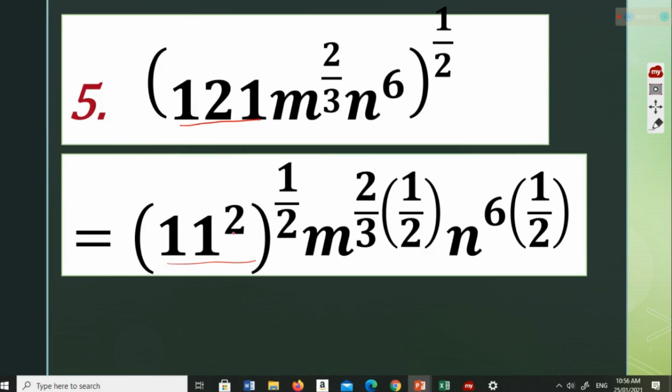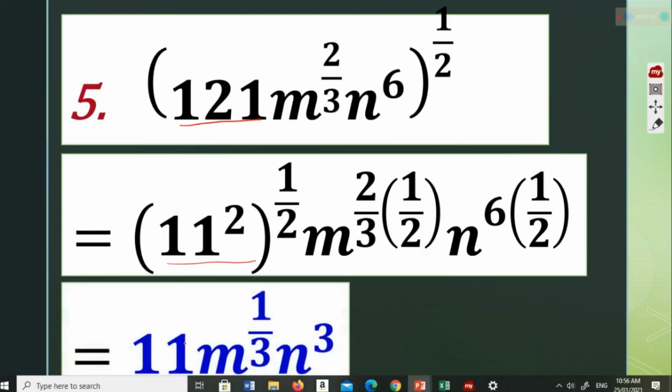So, 11 squared raised to 1/2, 2 times 1/2 ay 1. So, 11 na lang. And then, yung m raised to 2/3 times 1/2 is 2 times 1 ay 2, 3 times 2 ay 6, so 2 over 6, ang lowest term ay 1/3. Or pwede naman po mag-cancel, yung 2 cancel.